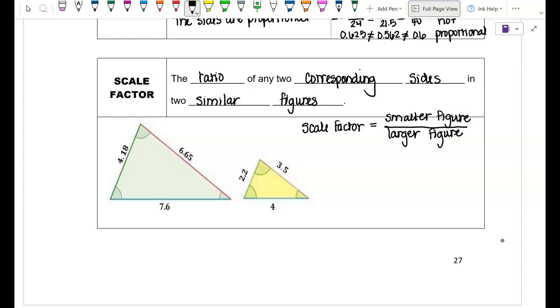So here I have a lot of different measurements to look at. So let's just use the 6.65 and the 3.5. When you are doing scale factor, you just have to match up one set. Even if they give you all three, you'll only have to match up one.